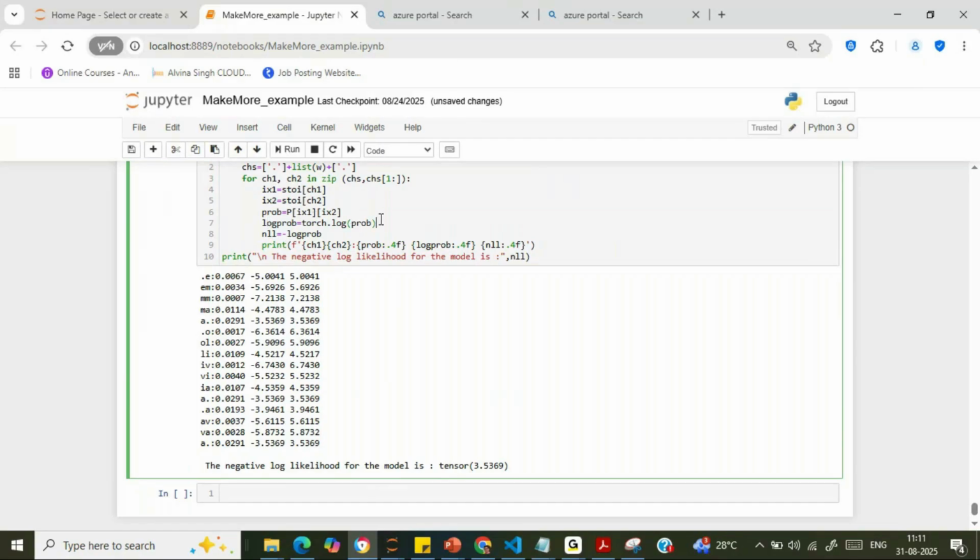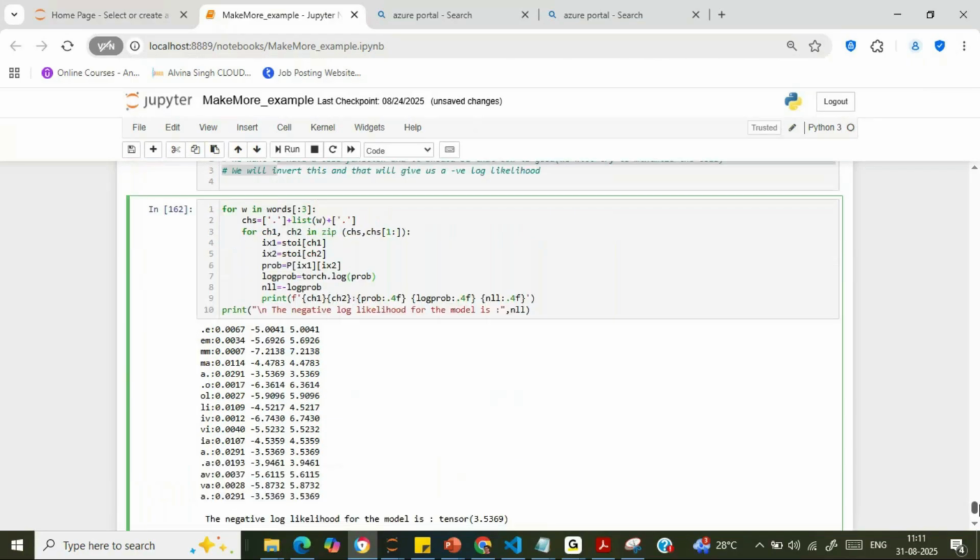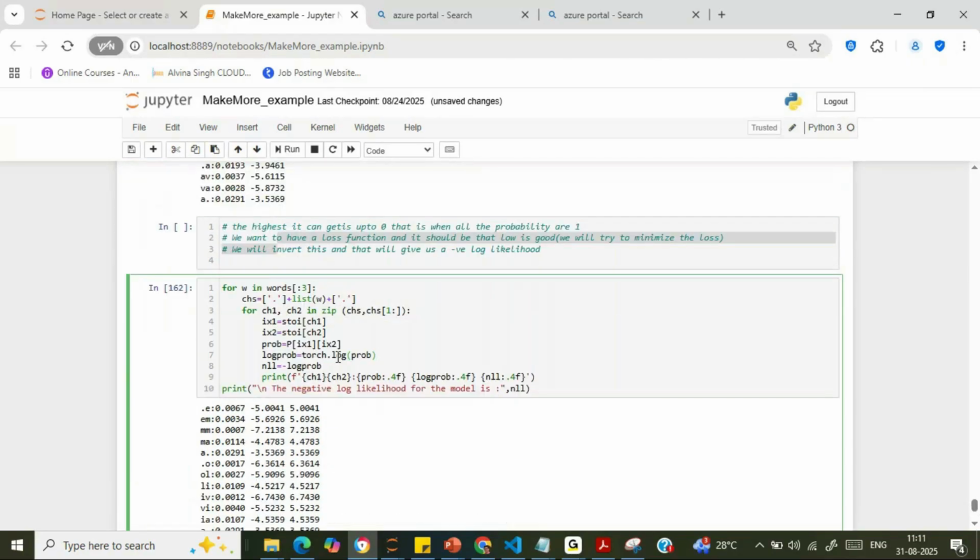So log probability and P of ix. That is perfectly fine. Okay, so we need to add something over here.